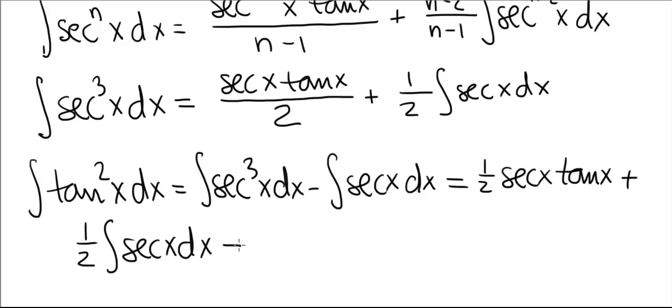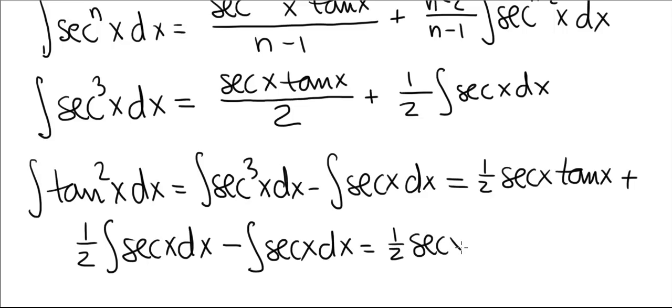And then we subtract the integral of secant x. So simplifying this, our answer is 1/2 secant x tangent x minus 1/2 times the integral of secant x.